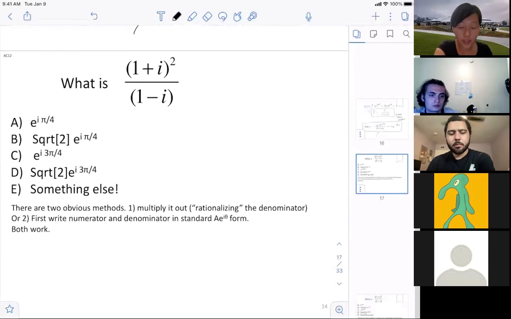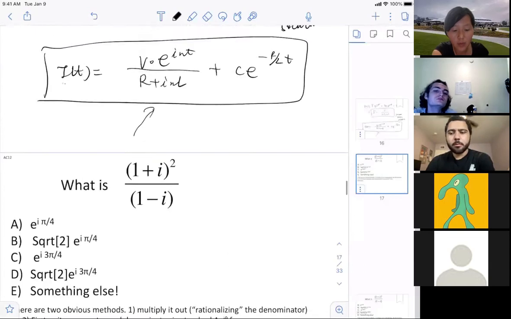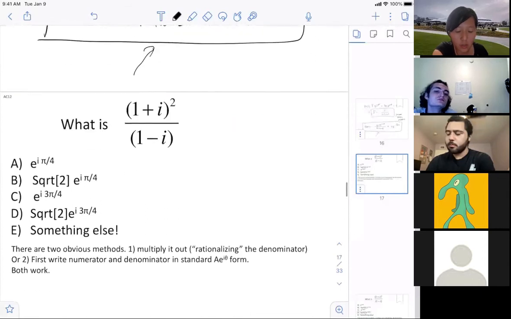So here is a question. We are doing a little detour because knowing how to process complex numbers, we will be able to use it later when we find the real part of the currents. So let's look at this. What is (1 plus i) squared over 1 minus i? There's more than one method, and you can choose whichever you want.